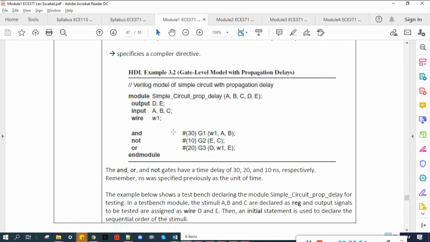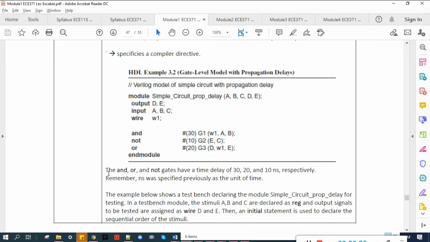The symbol for the time delay is the sharp. So here we added 30 time unit delays for the AND gate, then 10 time unit delays for the NOT gate, then 20 time unit delays for the OR gate.